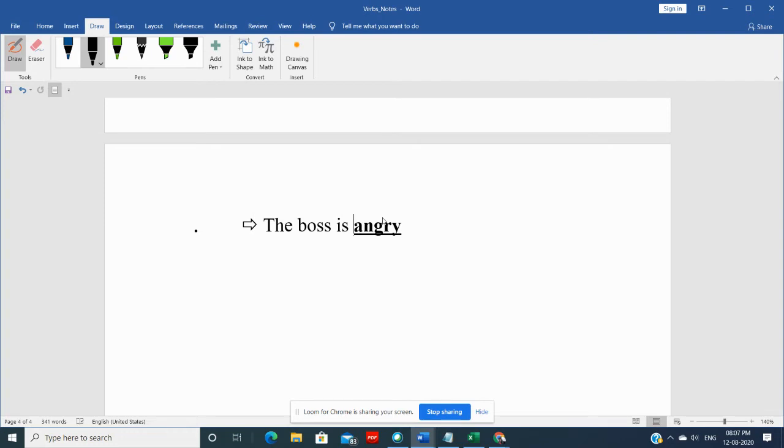This angry is actually telling us something about the boss. So the word angry tells us something about the subject. Right. So here this word angry is a subjective complement.